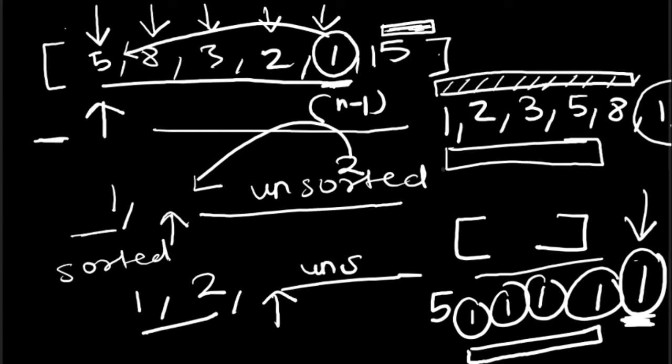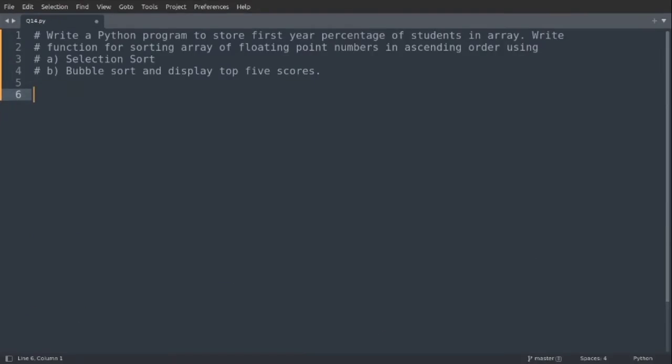So let's just try to implement this in our code. So let's go to the text editor again. Let's create a function called selection sort.